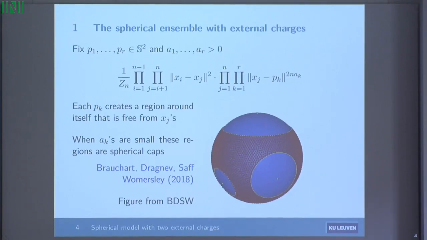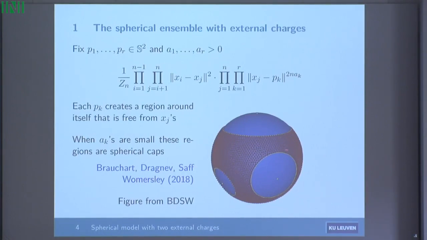In the large n limit, which I'm interested in, because of the exponent n here, there will be some fixed domains that will be free from charges. And then there is a part of the sphere where the free charges distribute themselves, with high probability.